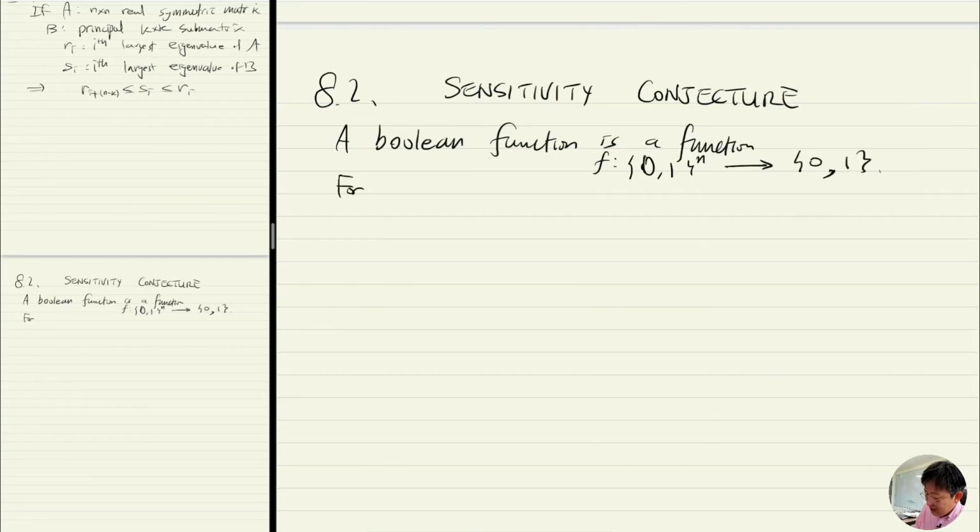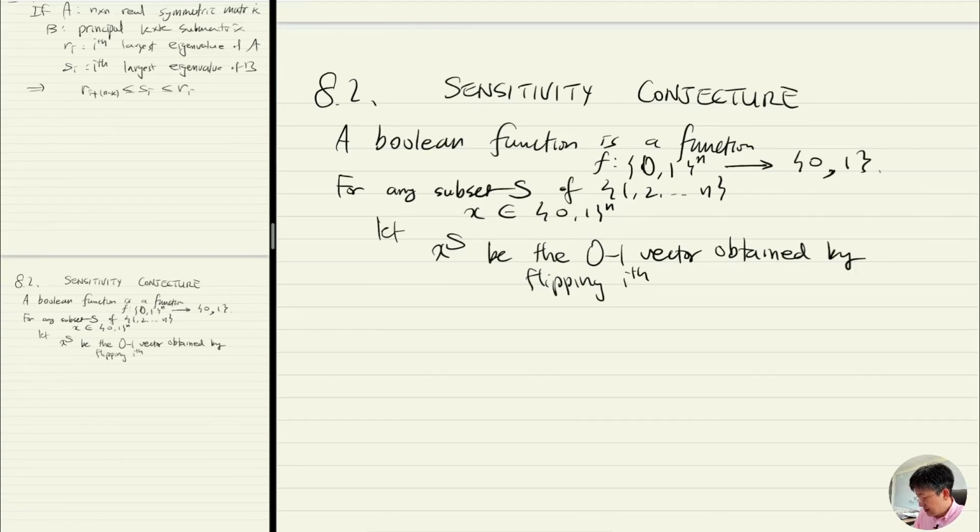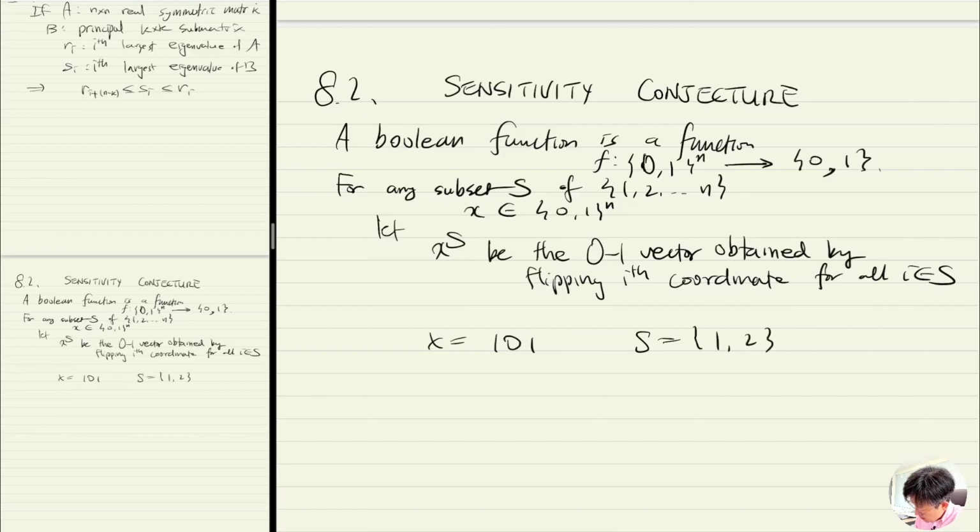And for any subset S of 1 up to n and x, which is a 0, 1 vector of length n, or you can think of it as a length n string, an n-bit integer, we write x^S to be the 0, 1 vector obtained by flipping the i-th coordinate for all i in S. So for instance, if x is 1, 0, 1 and S is {1, 2}, then x^S is going to be 0, 1, 1.